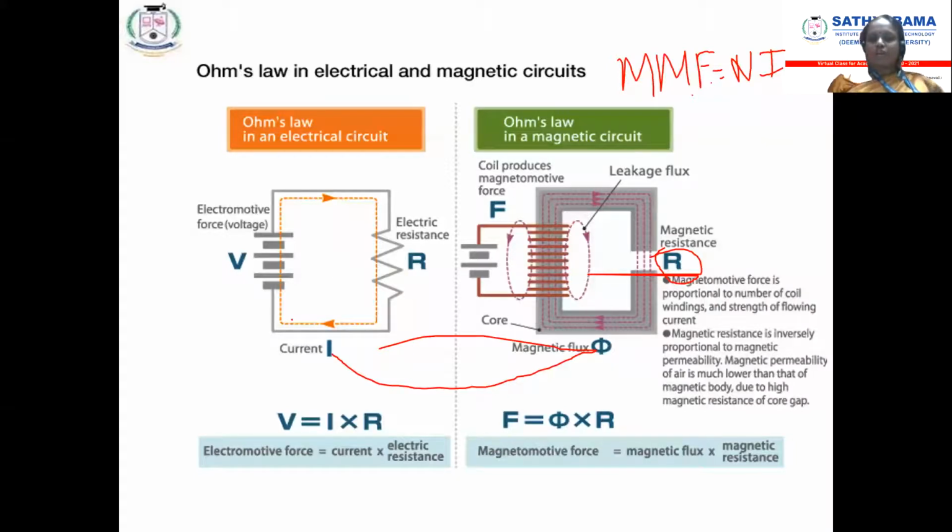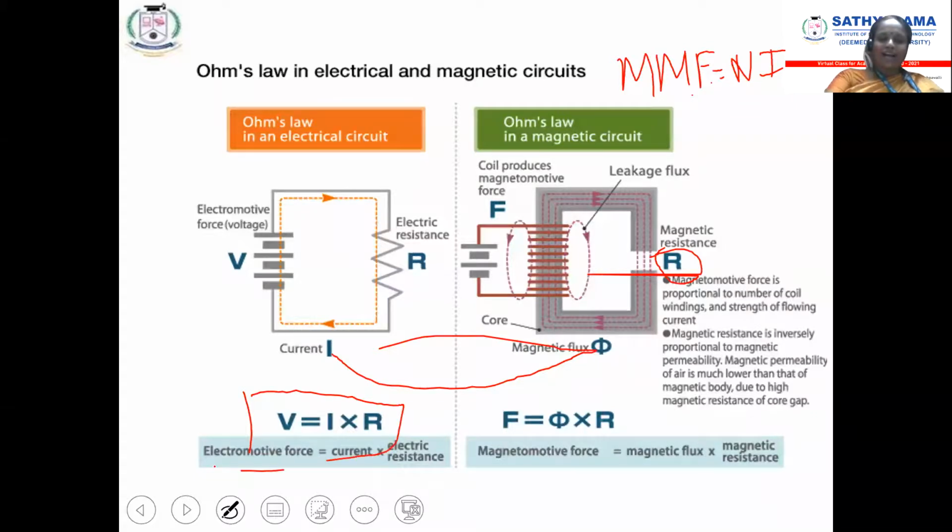So V equals IR, and kindly note down the formula alone. V equals IR is the electric Ohm's law, and the magnetic Ohm's law is: magnetomotive force is magnetic flux into magnetic resistance, or reluctance.